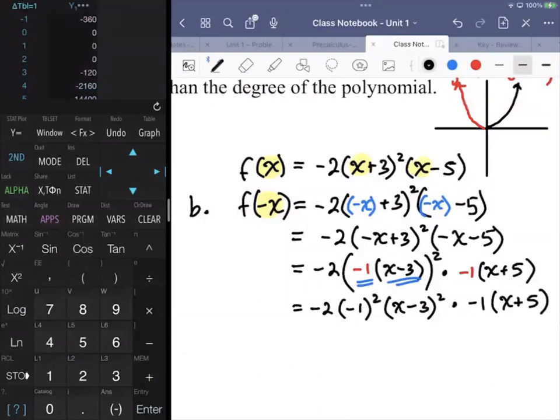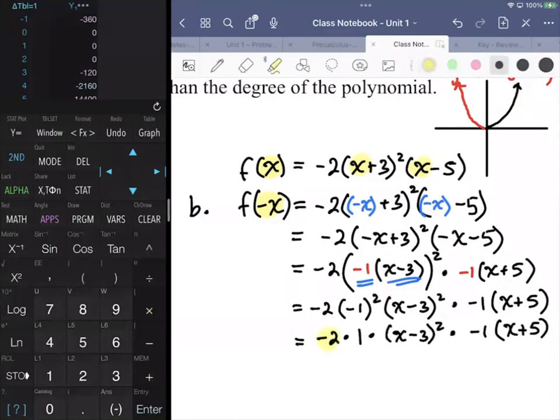But that's the least of our worries. (-1) squared, well, any value to an even power is going to go positive. So this is the same as saying -2 times 1 times (x minus 3) squared times -1 times (x plus 5). So I can multiply my coefficients here and get a result of 2, times (x minus 3) squared, times (x plus 5).